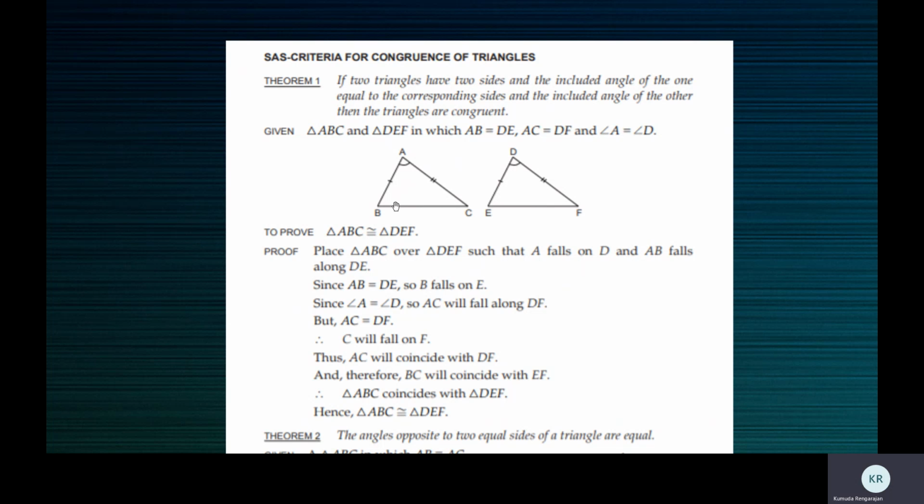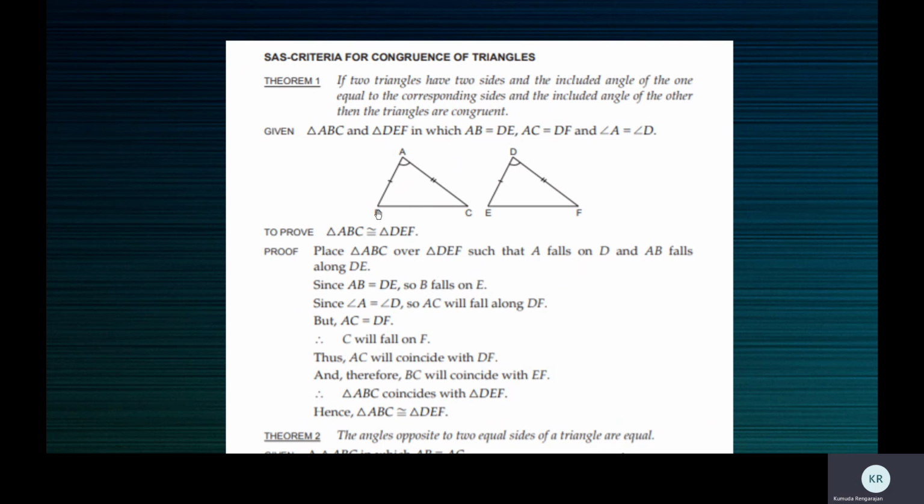So we've seen that vertex B falls on E and vertex C falls on F. So this means AC and DF coincide with each other.